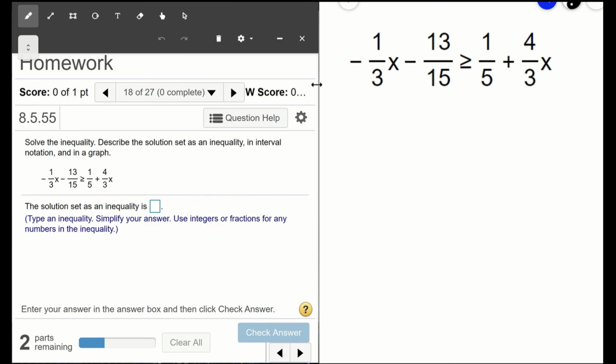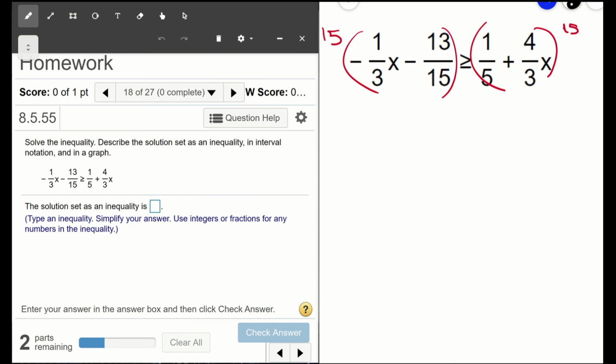It's just 15. And we're going to multiply it on both sides according to the multiplication property of inequality. So we end up with 15 times the left side is greater than or equal to 15 times the right side.